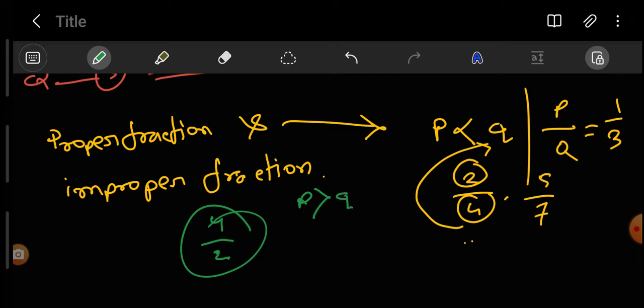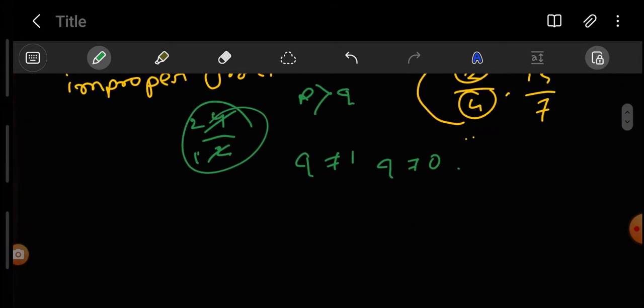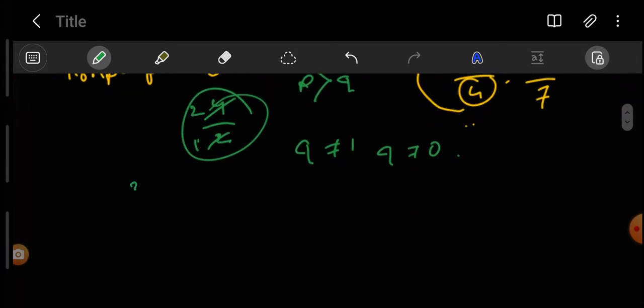P is greater than Q. So we have here 4 by 2, that is, we can write 2 by 1. But this is not an improper fraction. Why? This is not a fraction, because our condition was Q not equal to 1 and Q not equal to 0. If Q is not equal to 1 and Q is not equal to 0, then 2 by 1 is not a fractional number.